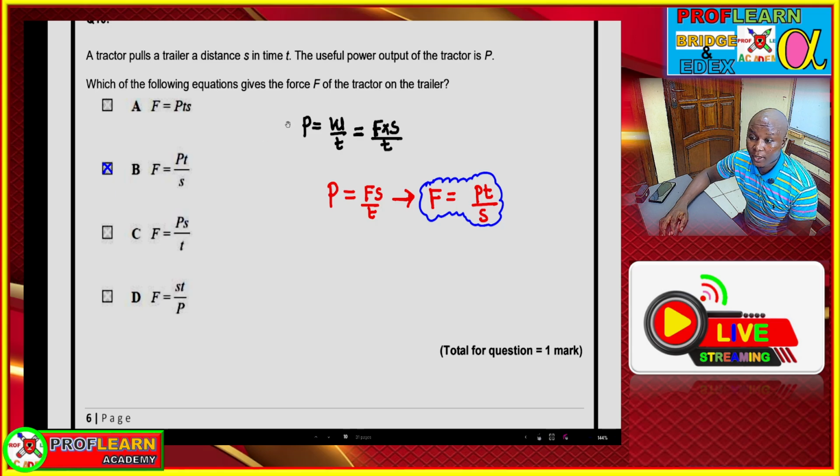We know that power is work done over time, and work done is force times distance. So power equals force times distance over time. Making force the subject, our answer becomes B.